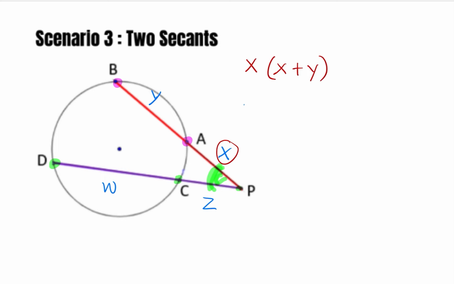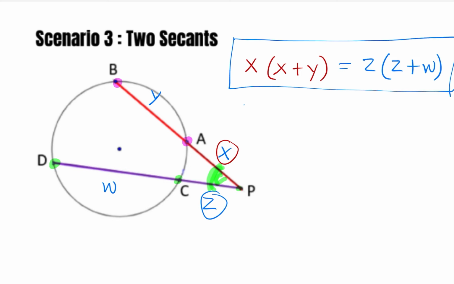We're adding the length of both inside and outside of that secant, the red line. Then we're going to repeat that on the other side. The outside measurement, which is z, and then we're going to add the z with the measurement of the inside, which is w. So z plus w.